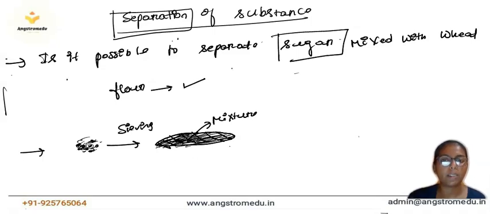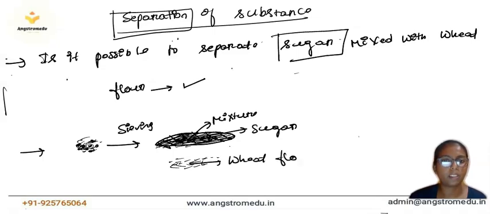After sieving, we will get the wheat flour here, and the sugar particles will settle on the top of the filter, the mesh. So this is the sugar and this is the wheat flour. So by using the sieving technique, we can easily separate the sugar from the wheat flour.